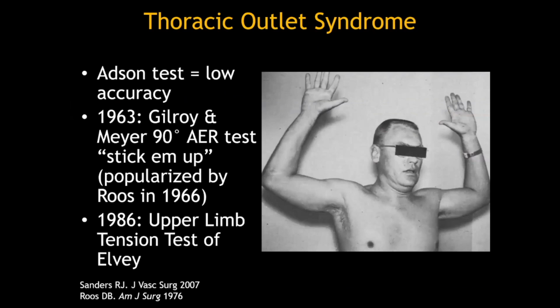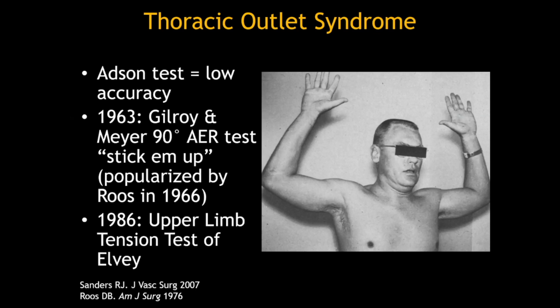Now, unfortunately, Adson's famous test actually has quite a low accuracy. It's been shown in some papers that there is a pulse reduction or obliteration of the amplitude of the radial pulse during this exam maneuver in up to 50% of asymptomatic volunteers.